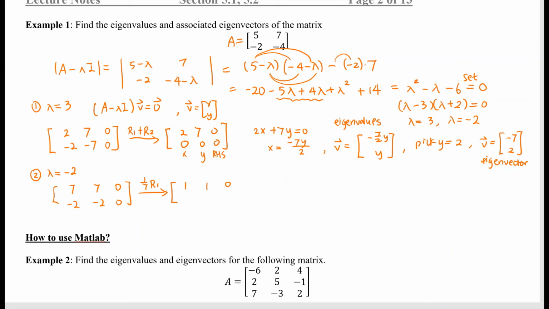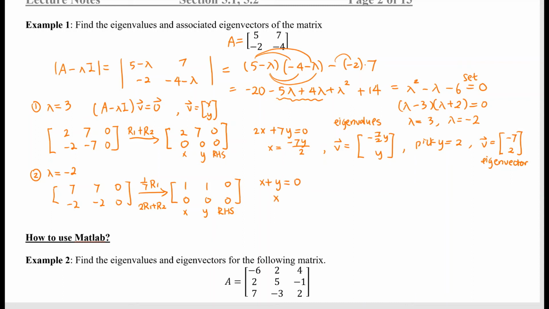And you can see now the second row is a constant multiple of the first row, right? So here I'm combining 2 steps into 1 step. We can use 2R1 added to R2 to kill R2. This is x, this is y, this is the right hand side. The first row tells us that x plus y equals 0.